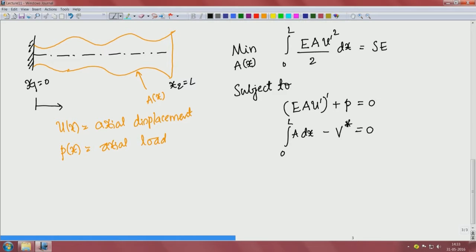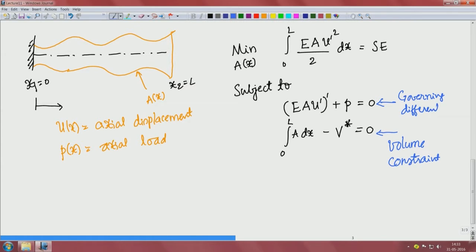So, if you look at a problem like this, this has two constraints. There is a constraint here which is the volume constraint, and here is a constraint which is the governing differential equation.